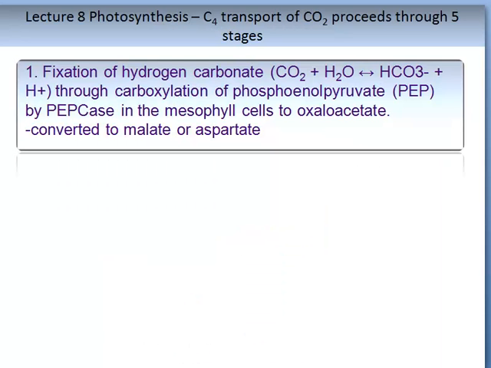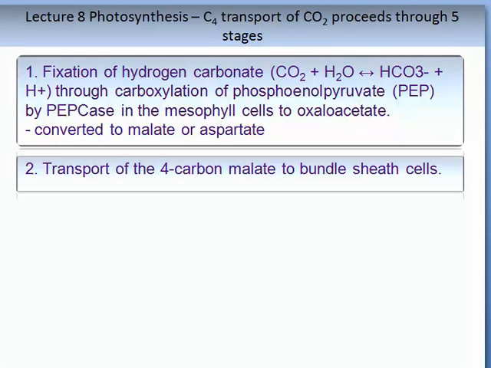So let us follow in detail the 5 stages of the C4 transport of carbon dioxide. The first stage is the fixation of hydrogen carbonate through carboxylation of phosphoenolpyruvate, or PEP, by the enzyme PEPCase. This occurs in the mesophyll cells. Oxaloacetate is converted into malate or aspartate.